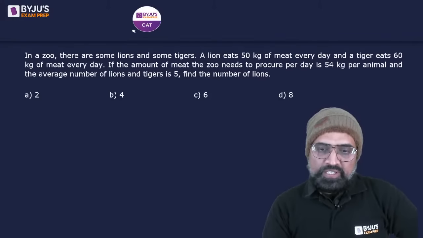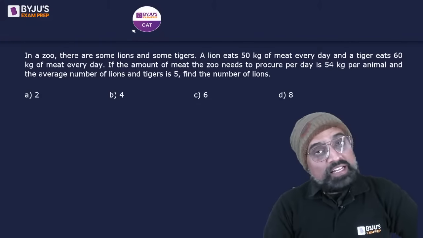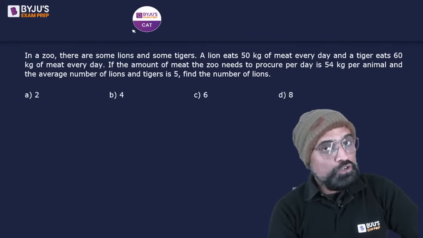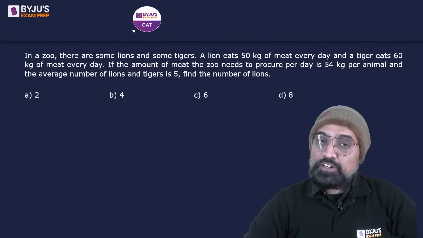Yes, Deepak, around that. Balaji, I agree. Your approach is same as that of Anjali.